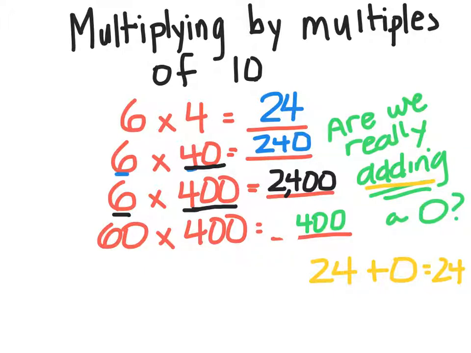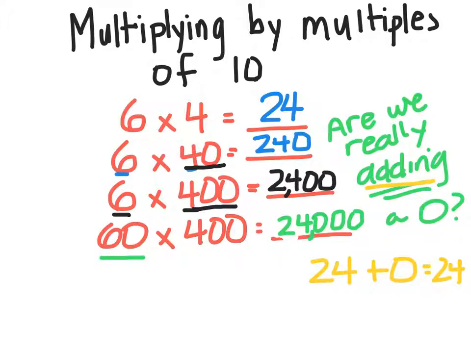Okay, and then we multiplied that 6 times 10 more. So you would multiply your 2400 times 10, which would give you another 0 at the end, and it would make it 24,000.